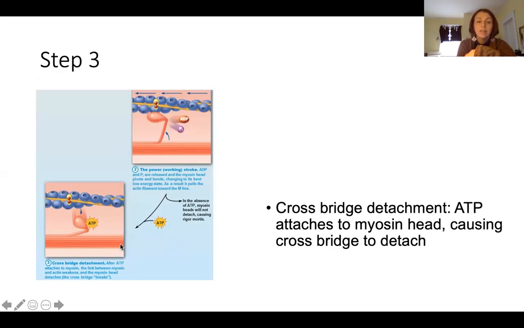After the ATP attaches to the myosin, the link between the myosin and actin weakens, and the myosin head detaches. What has to happen for this to detach is the phosphorus head has to rejoin the ADP, right? So they have to rebind together. And in that action, there's a release from the attachment site.